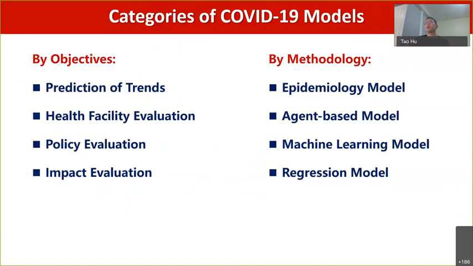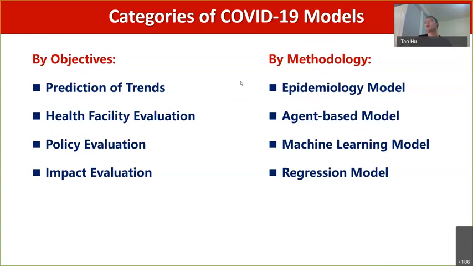So the COVID-19 models can be categorized from different perspectives. For example, by objectives, some kinds of models are used for predicting the confirmed cases and mortality rates, and some kinds of models are used to evaluate the health facility capacities, and also to evaluate the policy effectiveness, and also the impact of COVID-19 on economics and human behaviors.